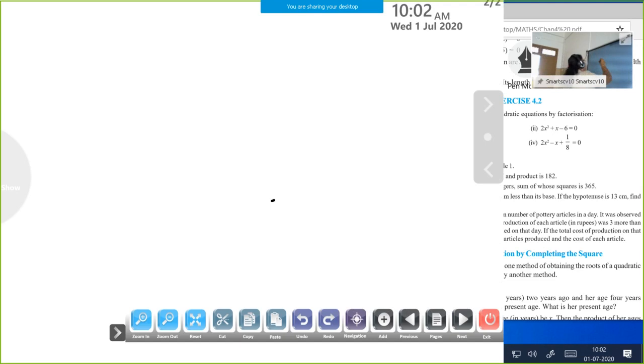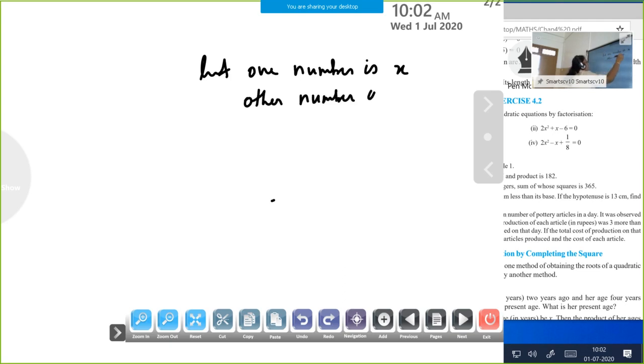That means let one number be x and the other number be 27 minus x, because the sum is 27. We assume that one number is x, the other number is 27 minus x.